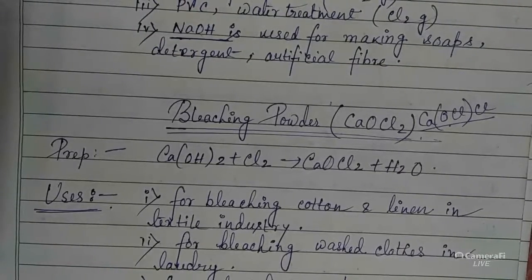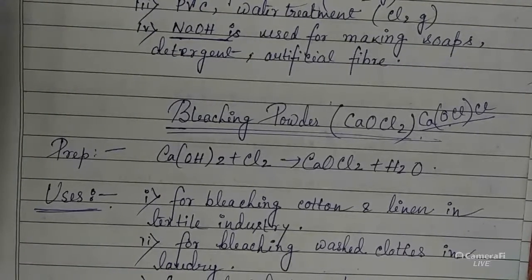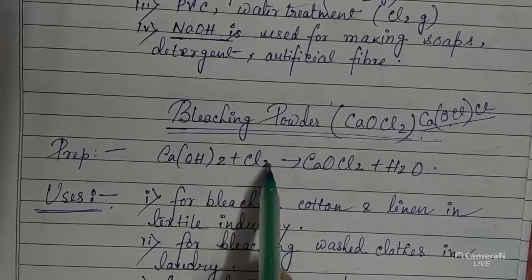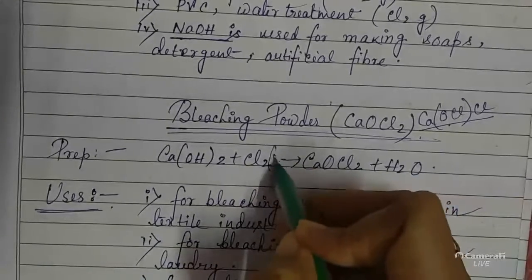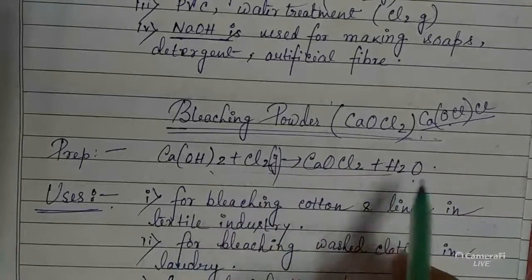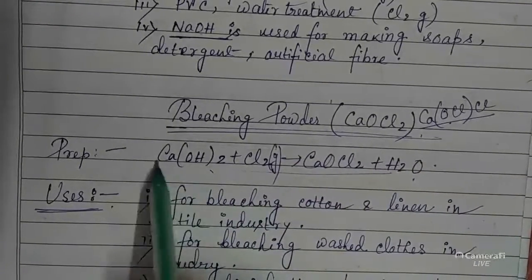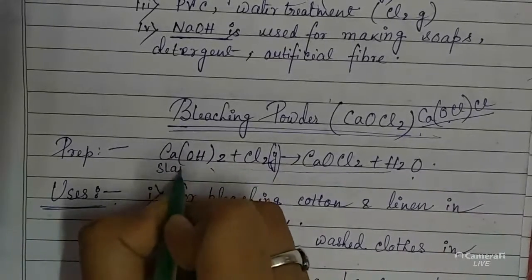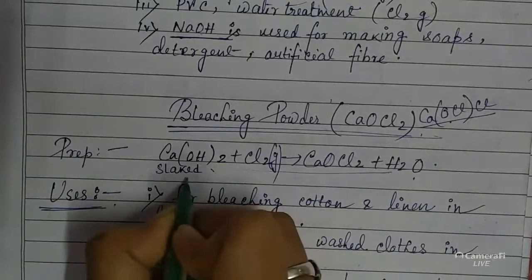And from where can we get it? Chlorine gas is produced during the production of sodium hydroxide when electricity is passed through the brine solution. This chlorine gas we can use for the production of bleaching powder. The common name of this compound is slaked lime.